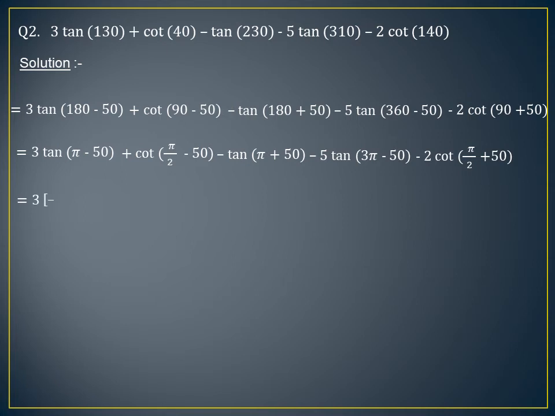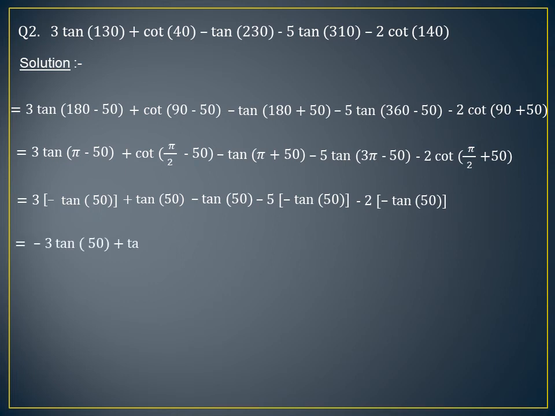Now tan of pi minus 50 will become minus tan 50, plus cot of pi by 2 minus 50 will become plus tan 50, minus tan of pi plus 50 will be minus tan 50, and tan of 2 pi minus 50 will become minus tan 50, and lastly 2 cot of pi by 2 plus 50 will become minus 2 times minus tan 50. So the expression we are left with is minus 3 tan 50 plus tan 50 minus tan 50 plus 5 tan 50 plus 2 tan 50, which if we add we are left with 4 tan 50, which is our answer.